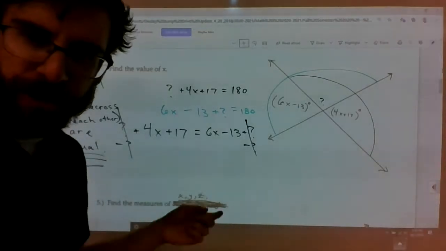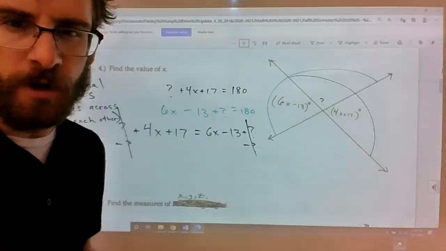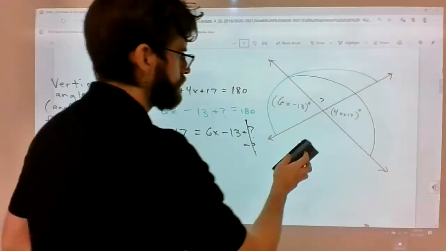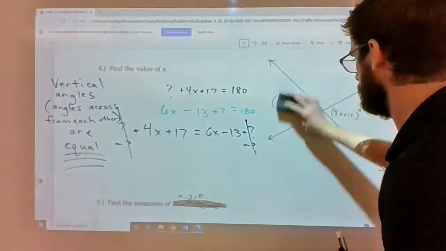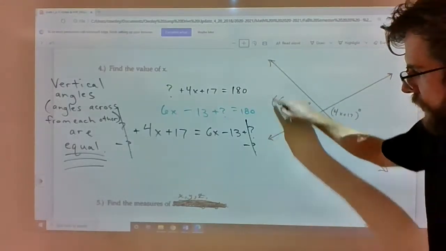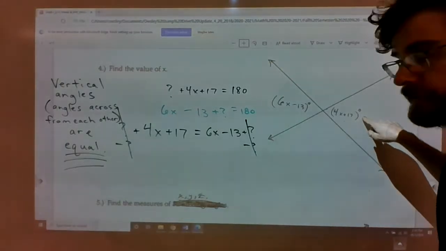So technically, I could have avoided all the messiness with the question mark. I could have just said these two angles are across from one another when two lines intersect. Therefore, I can set them equal to each other and solve for x.